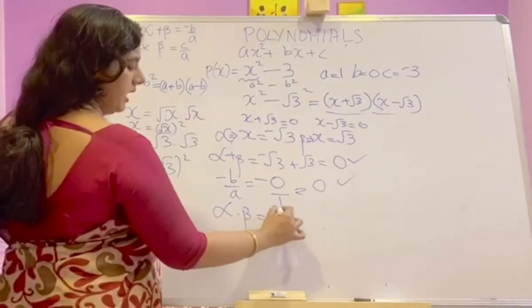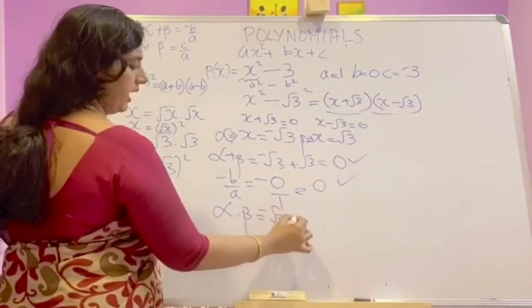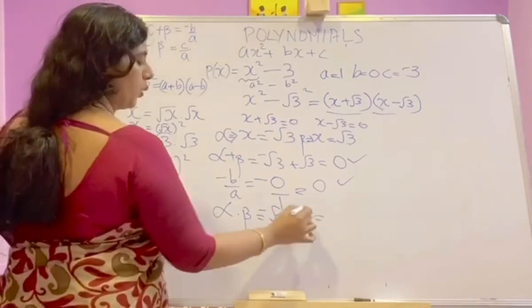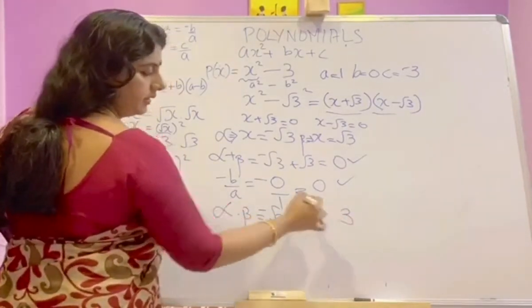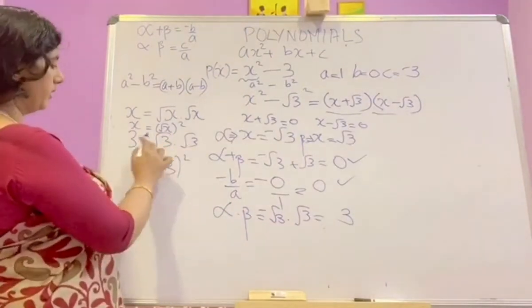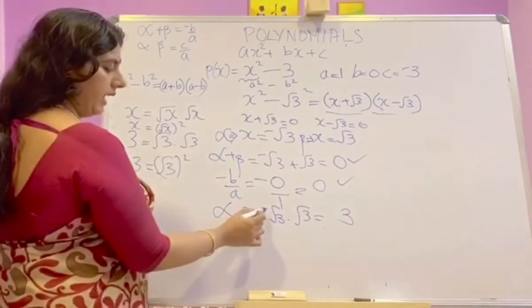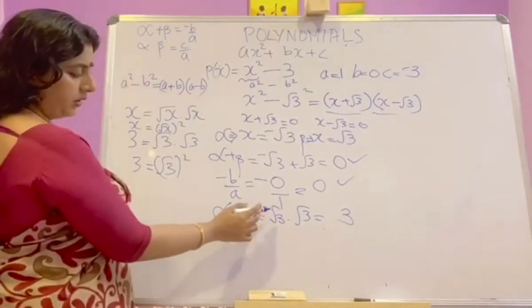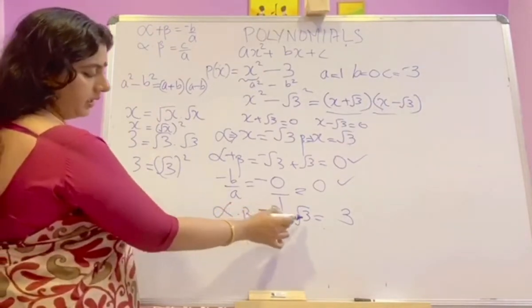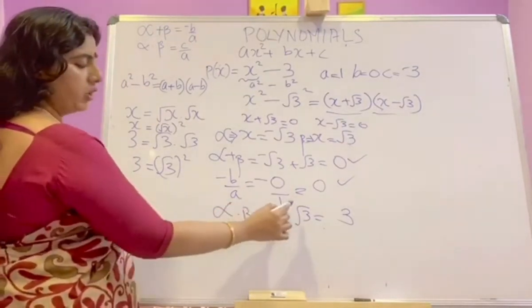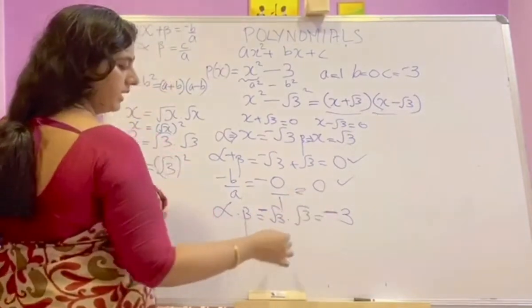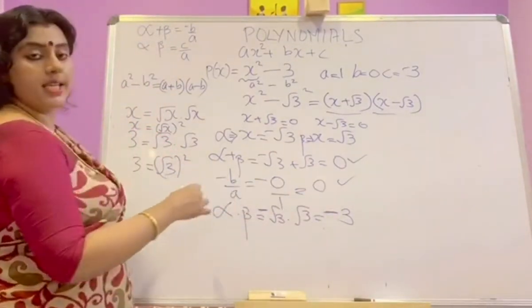Now next, alpha into beta. That is negative root 3 into root 3. Root 3 into root 3 is 3. Now, negative into positive: one root 3 is negative and the other root 3 is positive, so the answer should be negative. Now, alpha into beta is negative 3.